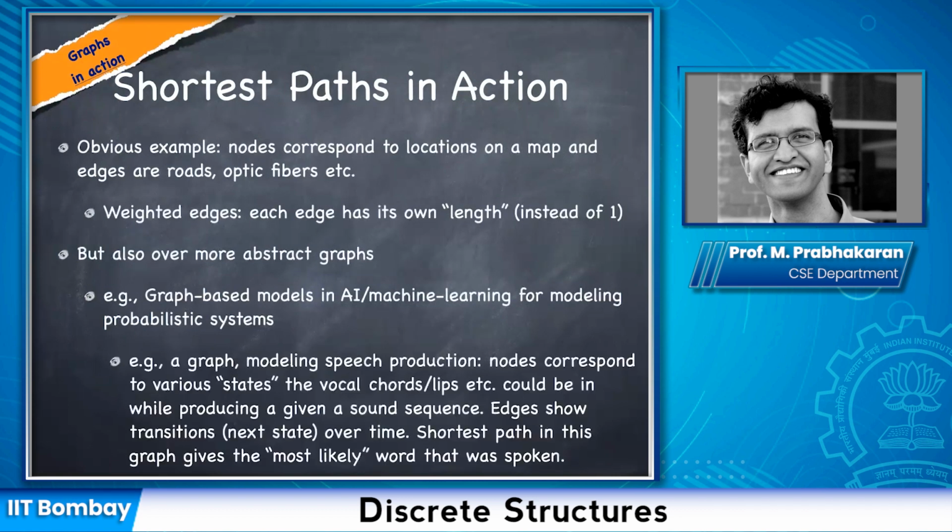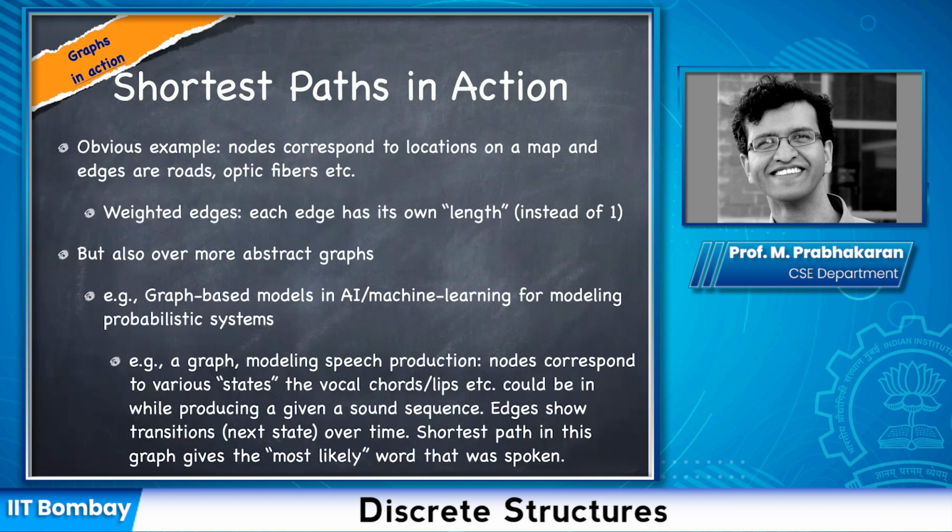So just to wrap up, one example would be you could model the probabilistic process of speech production using a graph. The nodes would correspond here to various states, vocal cords and lips in various positions. The lip is open or closed.